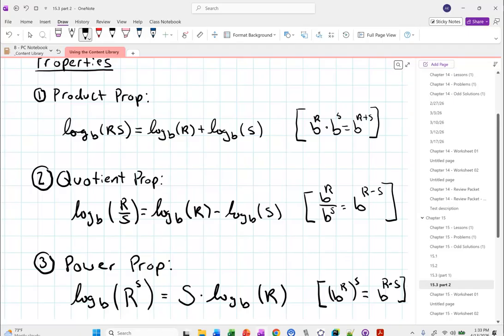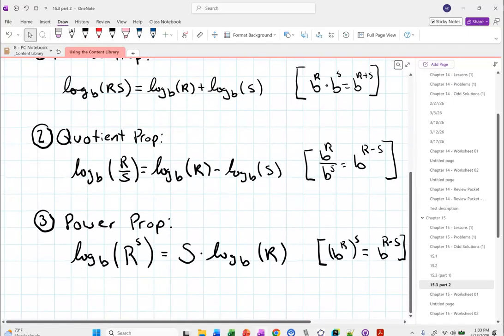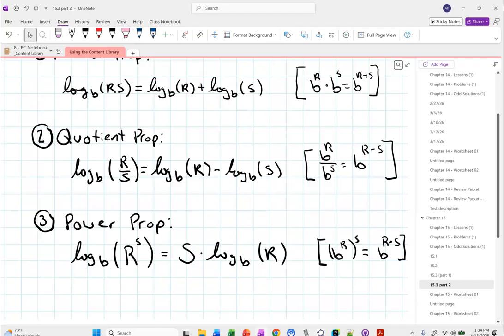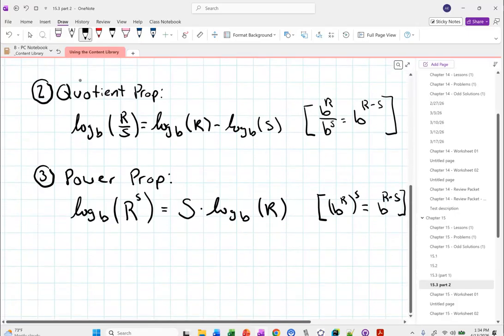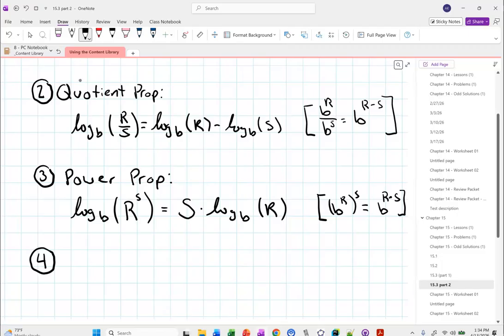That's the equivalent of the exponent of an exponent property. And the fourth property is called the change of base formula.